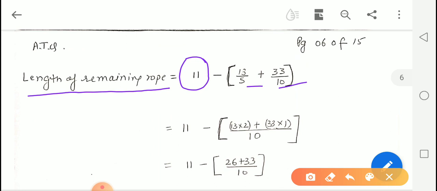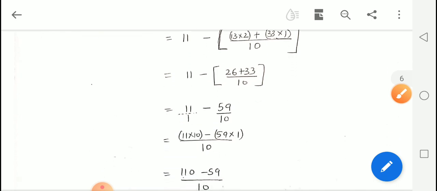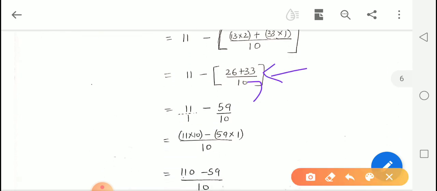We add these two first in the bracket, and then subtract from 11. After solving this, we get 59 upon 10 as the total sum of the cut pieces. Now this is to be subtracted from 11.